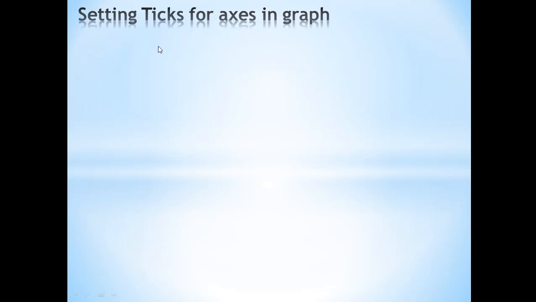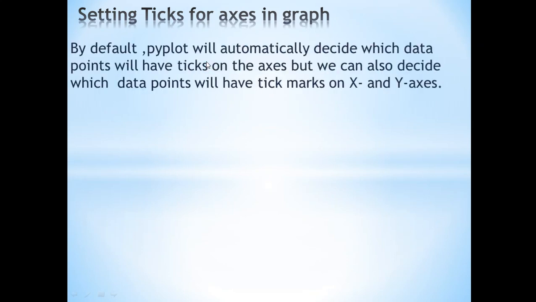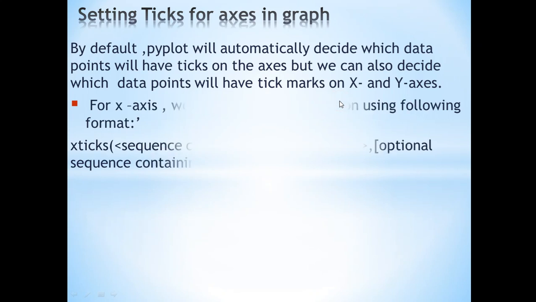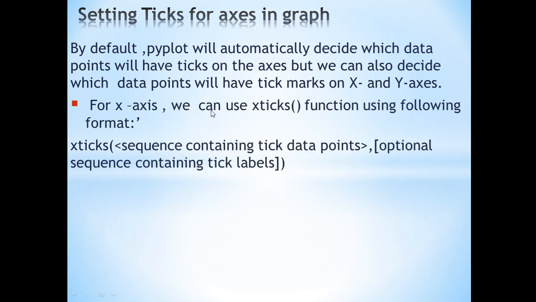Setting ticks for axis in a graph. How to set the ticks in a graph for both axes, that is the x-axis and y-axis. By default, PyPlot will automatically decide which data points will have ticks on the axis. But we can also decide which data points will have tick marks on the x and y axis. For the x-axis we can use the xticks function.